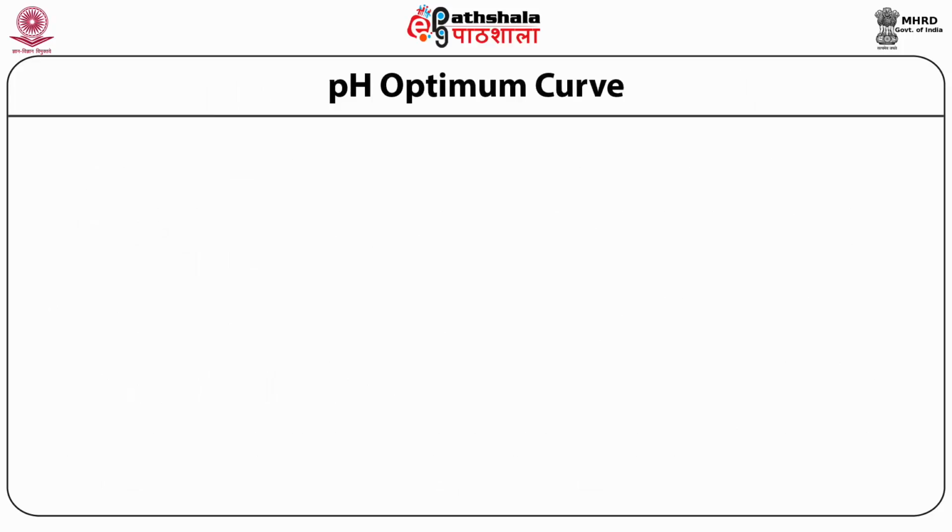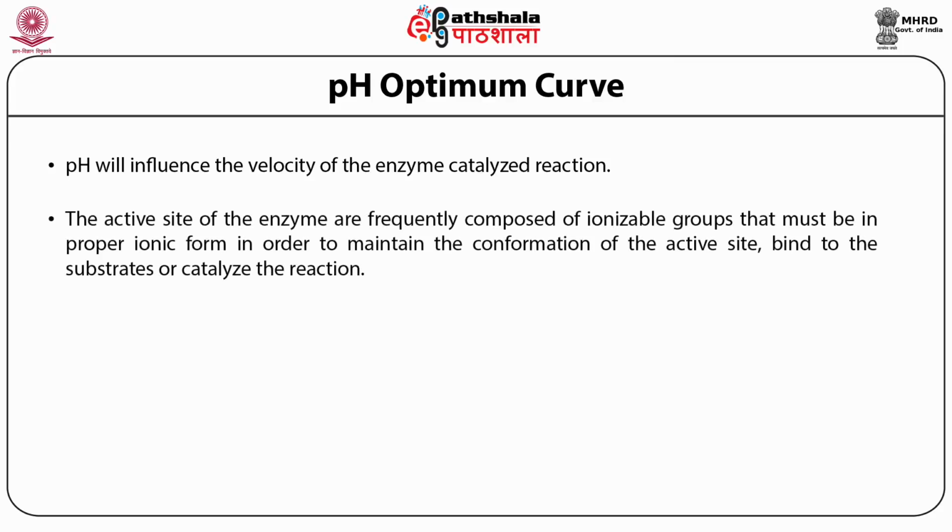After discussion of the effect of pH on the stability of enzyme and catalysis, let's discuss what the pH optimum curve is. pH will influence the velocity of an enzyme-catalyzed reaction. An active site of an enzyme is frequently composed of ionizable groups that must be in the proper ionic form in order to maintain the conformation of the active site, binding of substrate, or catalysis of the reaction.